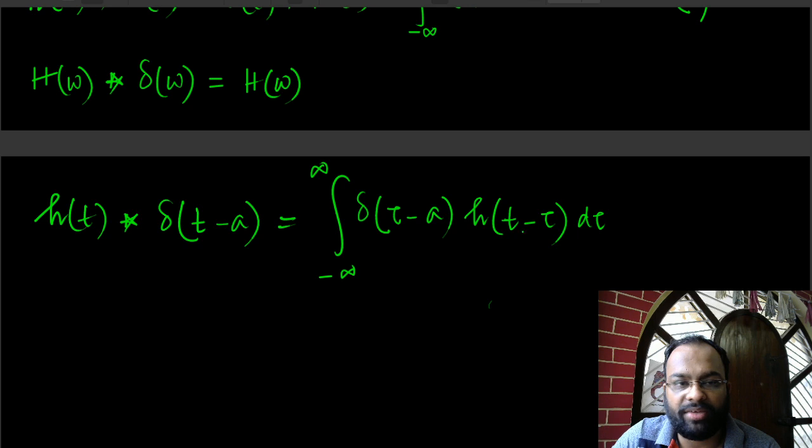So again, by definition of unit impulse, the answer would be this. All I have to do is replace tau, the variable of integration, with that quantity which makes the internal argument of the unit impulse 0. So when does this become 0? When tau is equal to a, right? So I replace tau with a.